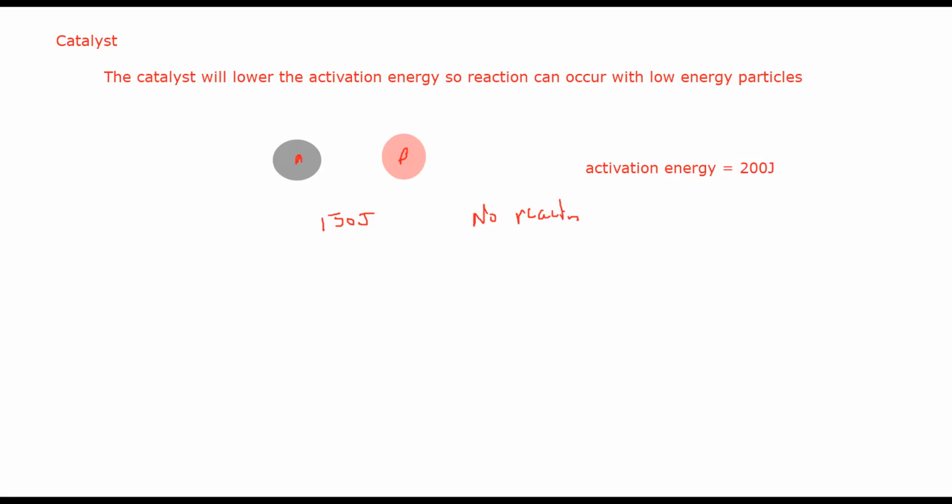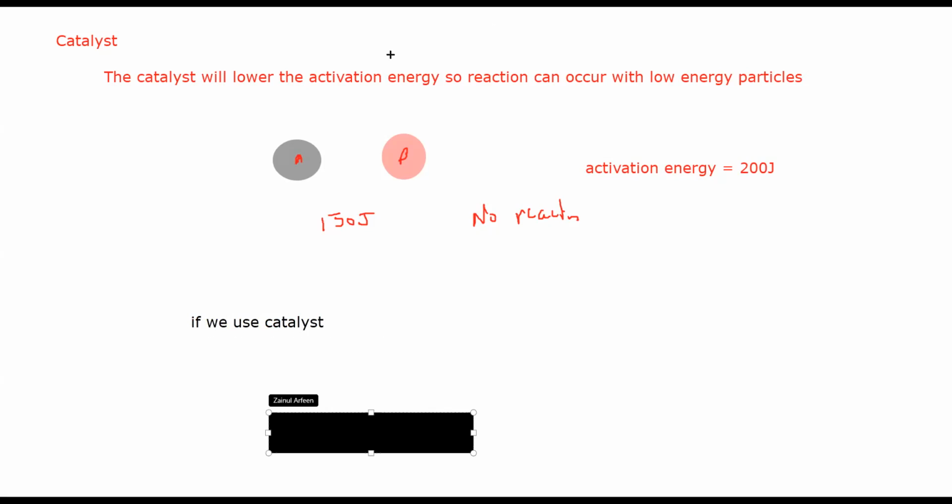But what happens? A catalyst lowers the activation energy. How does the catalyst lower the activation energy? It reduces the strength of the bonds within the reactant particles. Example, I'm using iron as a catalyst. Transition elements are better catalysts, having catalytic activity.